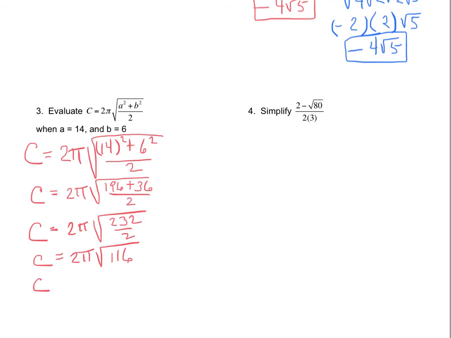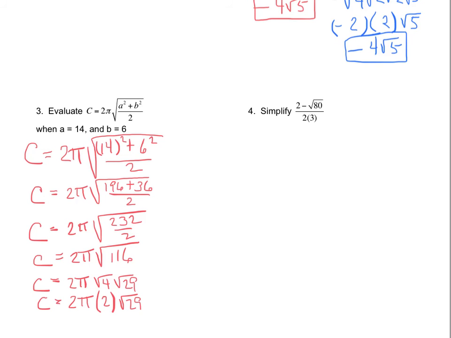So I know that 4 is going to go in, so I might as well use that. And there might be another higher one in there, but it's going to be 4 times 29. 4 times 30 is 120. 4 times 29 is the 116. So that's going to give us 2 times pi times 2 times the square root of 29.